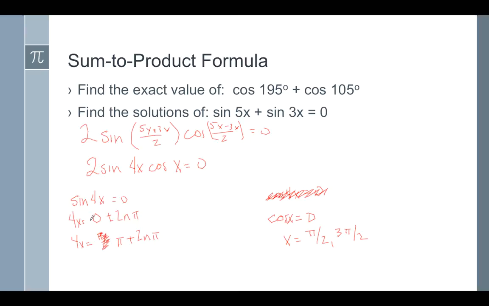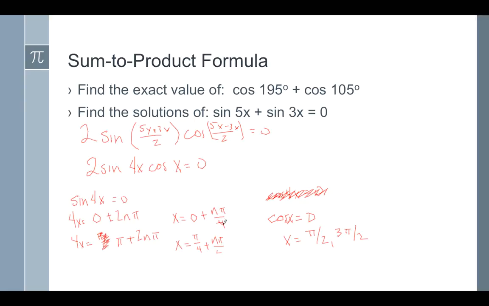And what we need to do is divide both sides by 4. So we get x equals 0 plus n pi fourths, and we get x equals pi over 4 plus n pi over 4.